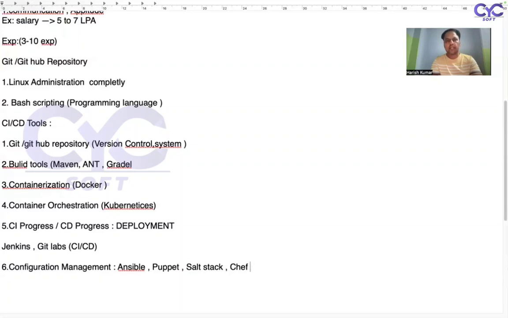Right now, the market is updating with Ansible only, so you need to learn Ansible. Puppet, Salt Stack, and Chef are the old tools. It depends upon your infrastructure.